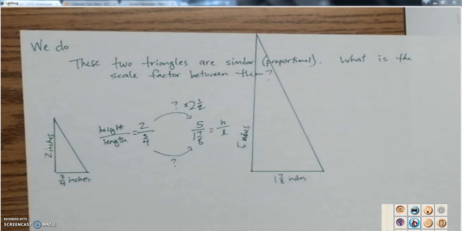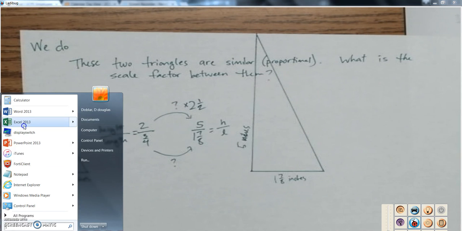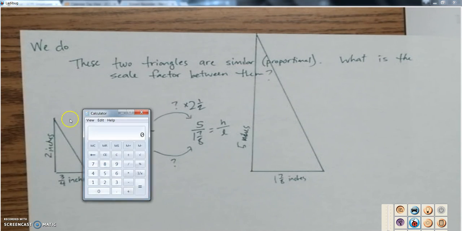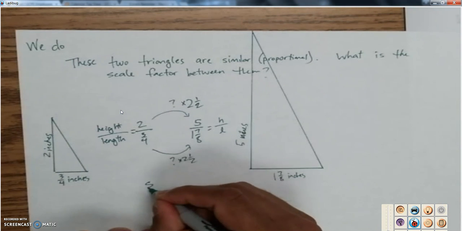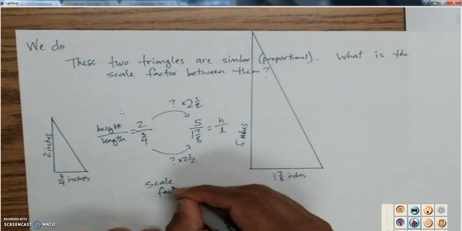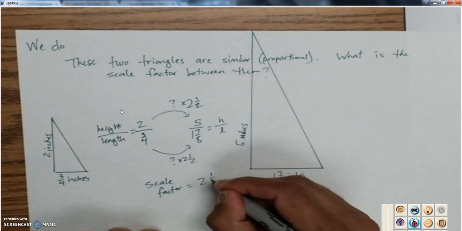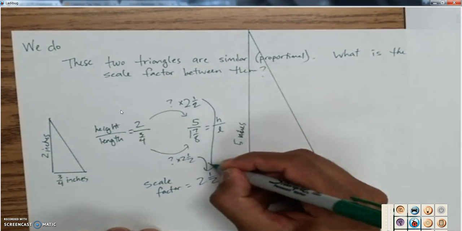I can double check that with a calculator on the denominator, just to be safe. 3/4 is equal to 75 hundredths times 2.5 is, that is in fact 1 7/8. If you reduce that all the way, it is. So my scale factor here is 2.5.